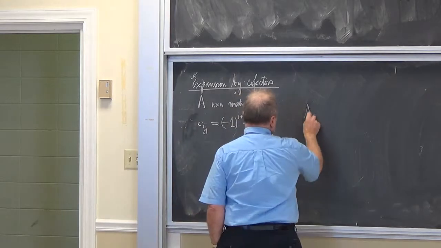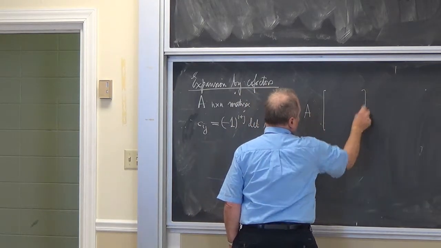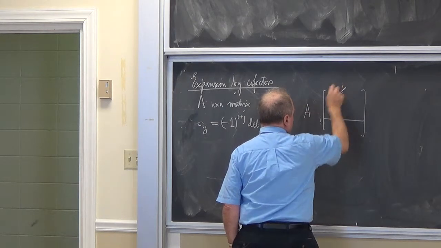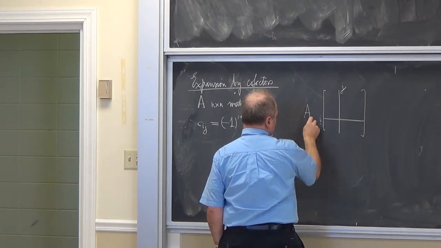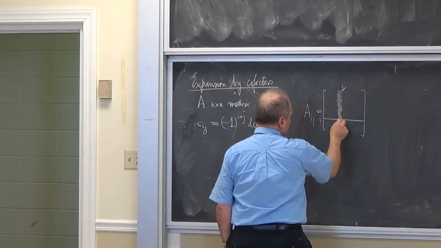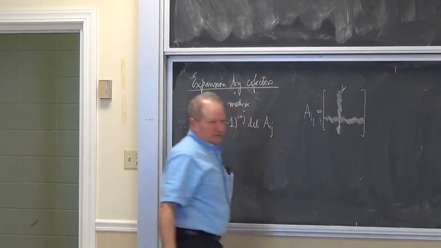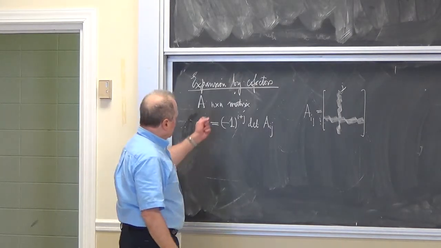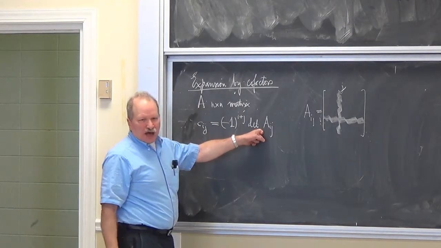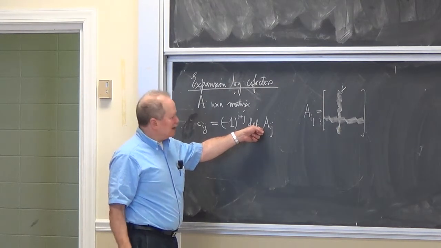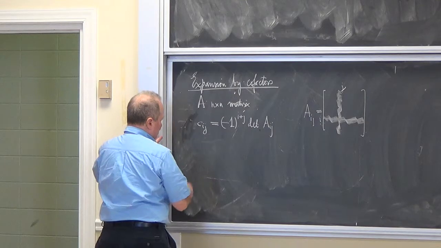So you start with your matrix A, and you cross out the ith row and the jth column, and you then have Aij, the matrix with these deleted. And so you can compute an n minus 1 by n minus 1 determinant here, however you would do that, and that defines the cofactor.